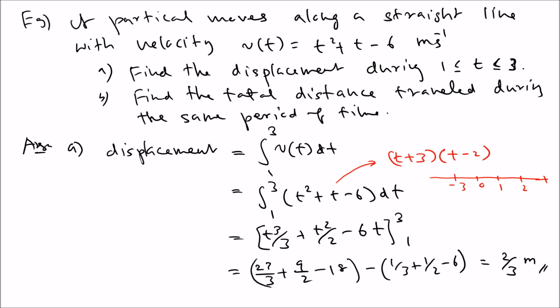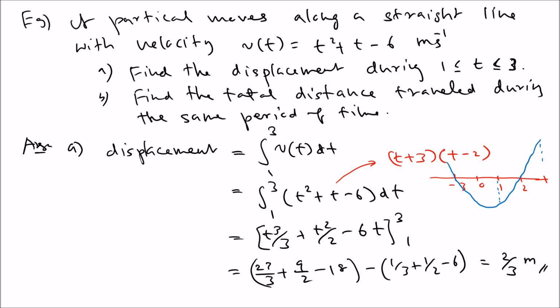Because if you graph it, at 2 it is 0. This is a concave up function, so the graph of the function is going to go down and up like that. So from 1 to 3, you can see there's a sign change.